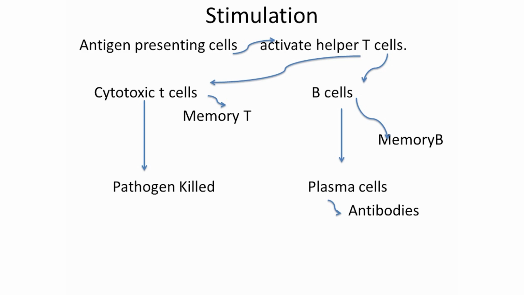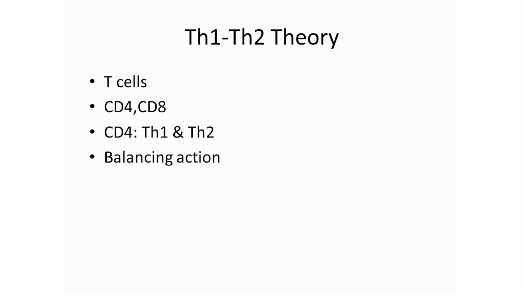B cells will be converted into plasma cells, further into antibodies, and the rest will be stored as memory B cells. In a similar way, cytotoxic T cells will kill the pathogen, and the cytotoxic T cell mechanism will also lead to production of a few memory T cells. So that is how it works.